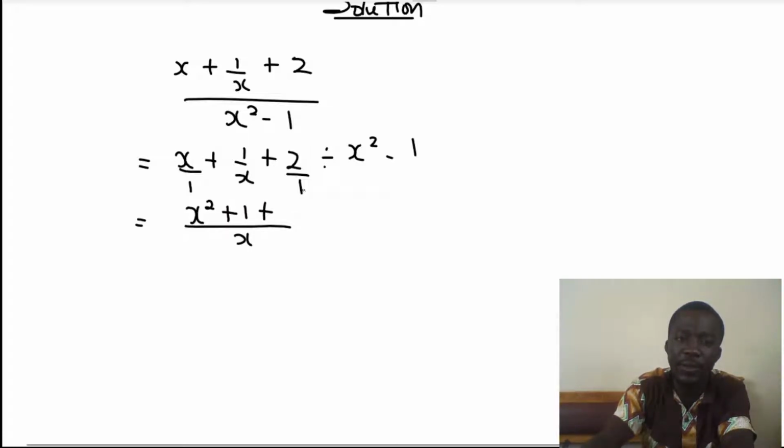Then plus 1 into x is x. x times 2 is 2x. Then here, instead of the division, I'll change it to multiplication. Then I will reciprocate this expression as 1 over x squared minus 1.